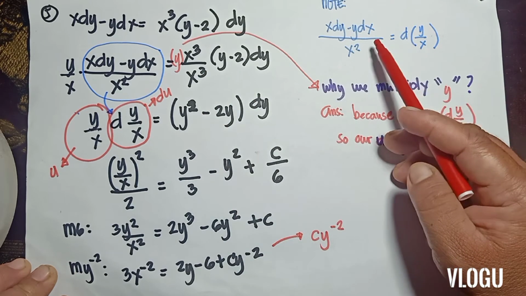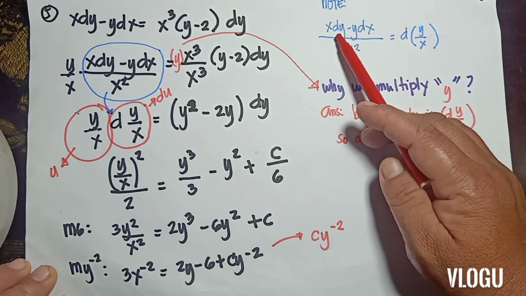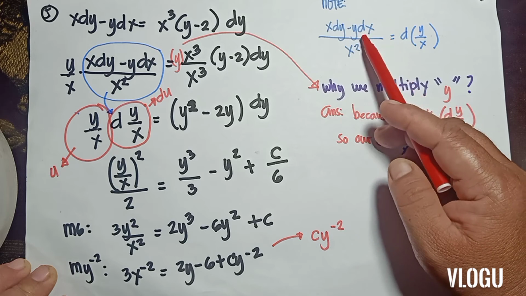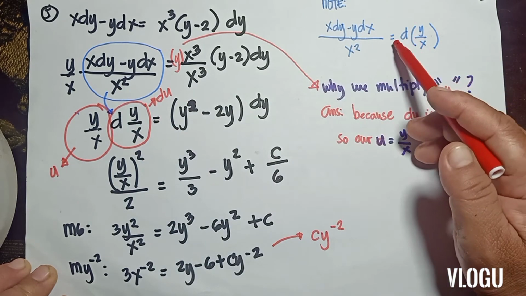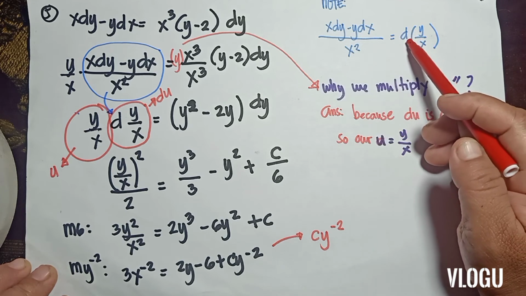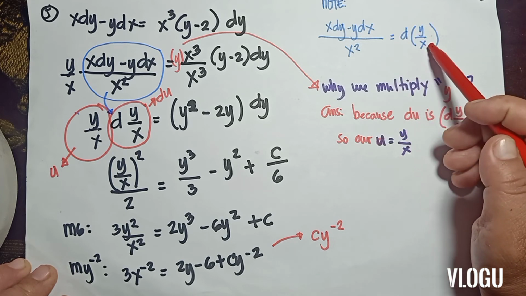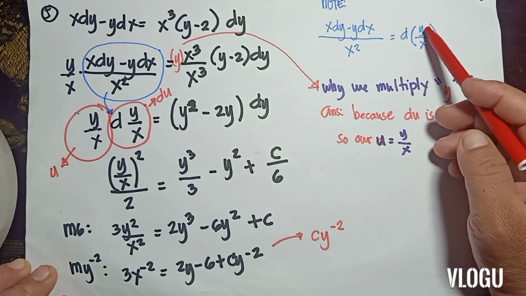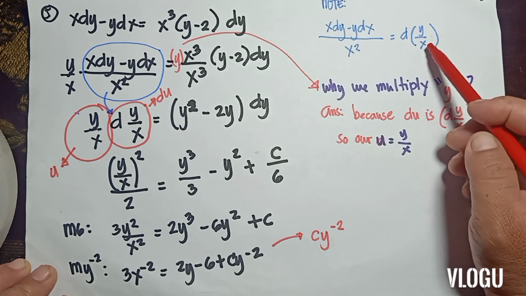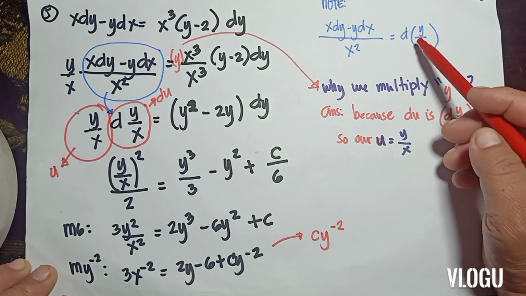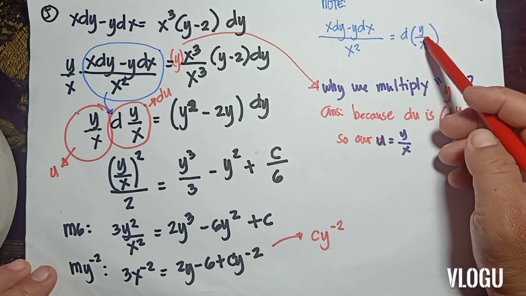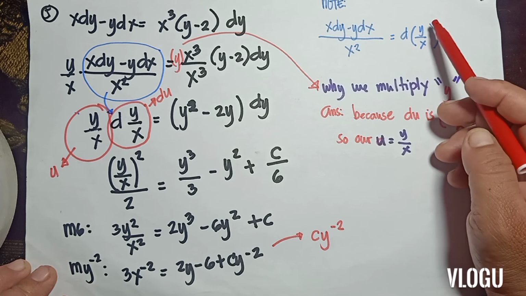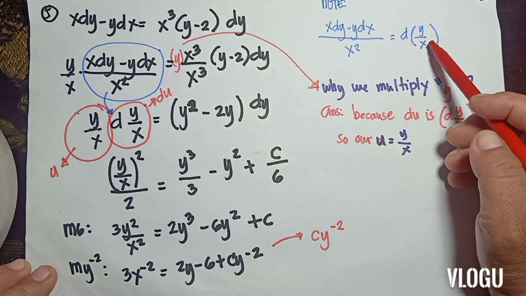So in our form, x dy minus y dx over x squared, okay, we arrive at that form. That is equivalent to derivative of y over x. So our du is y over x. Okay, the same story. If your du here is y over x, then your u is also y over x.